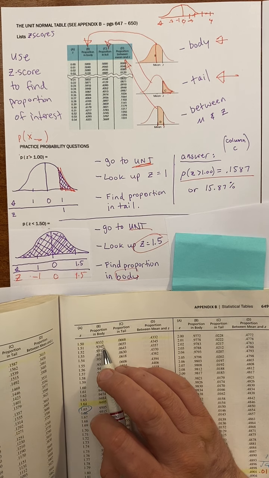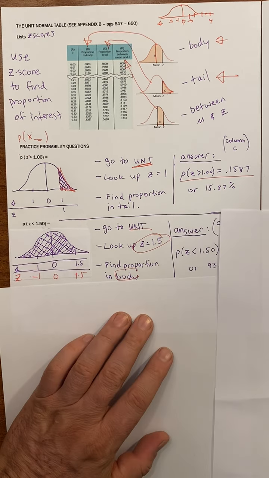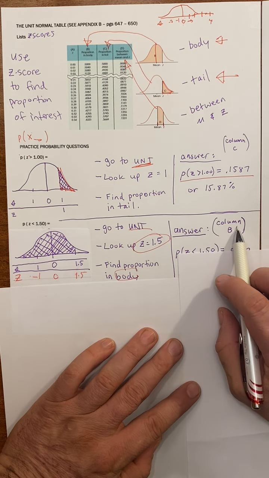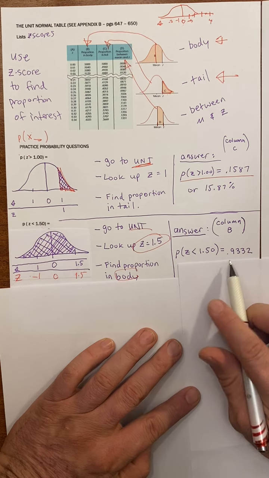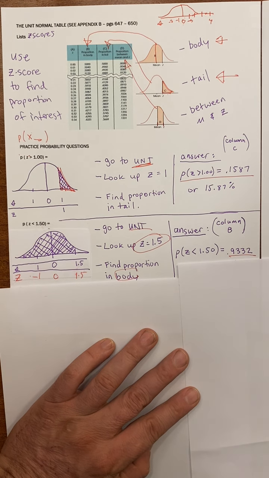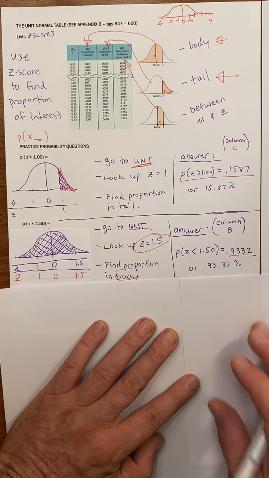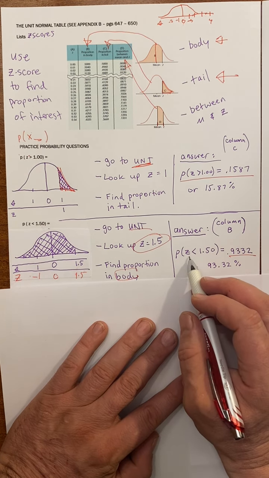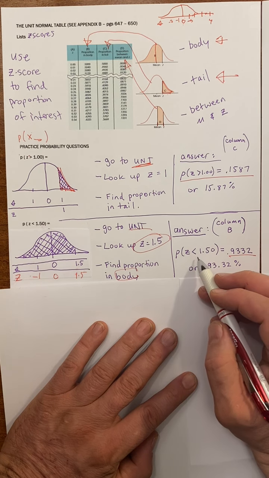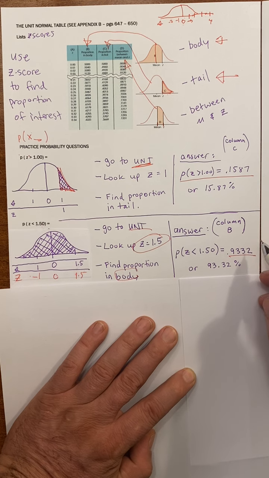So when I go to look in the body, I find that I have this number of 0.9332. That's my number of interest because I've just gone to column B and I found that in that column there was that number. So that ends up being our answer. The way that we can kind of articulate this is we can say that there's a probability of pulling a z out that's smaller than 1.50, and that probability is 0.9332.